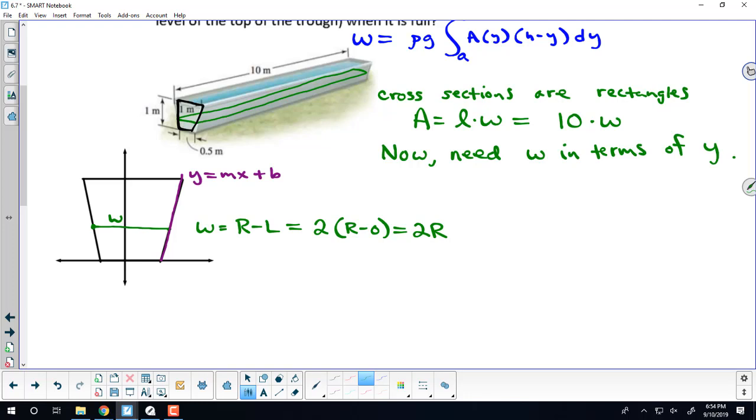Okay, so then we have to find what is our slope and what is the y-intercept of that line. So do we know this point right here? Yeah, (0.25, 0). What about this point?